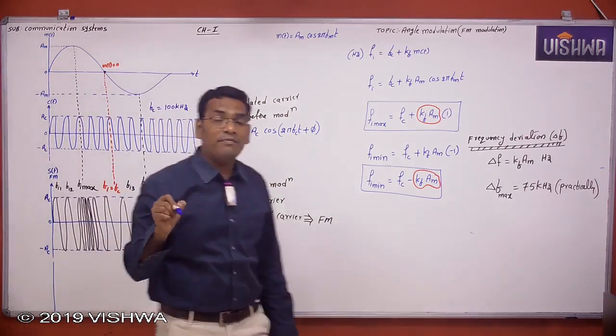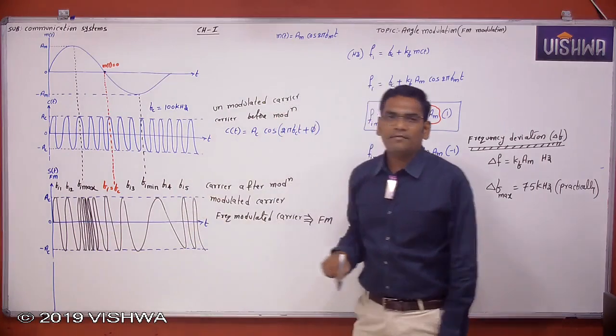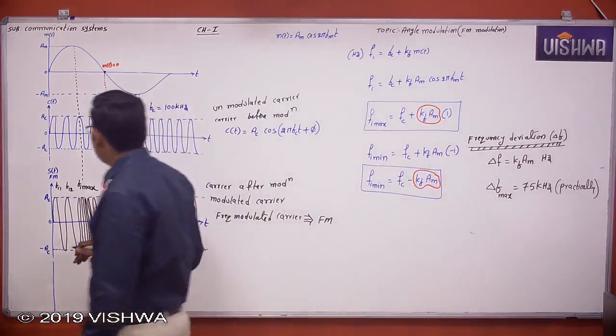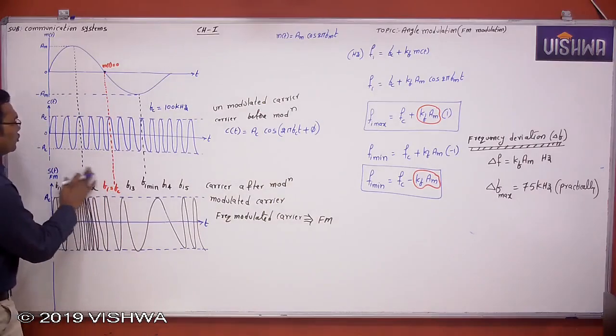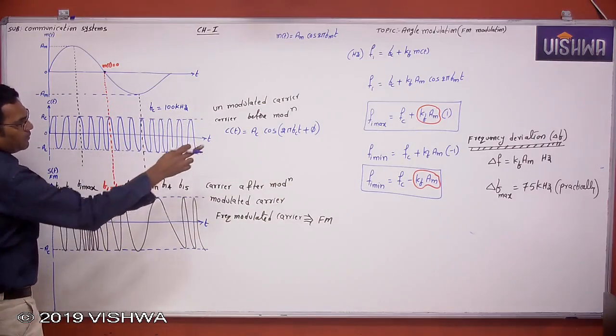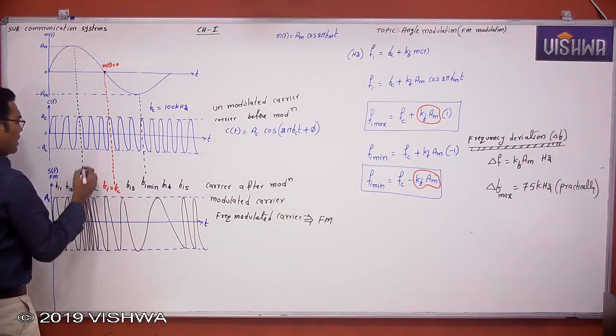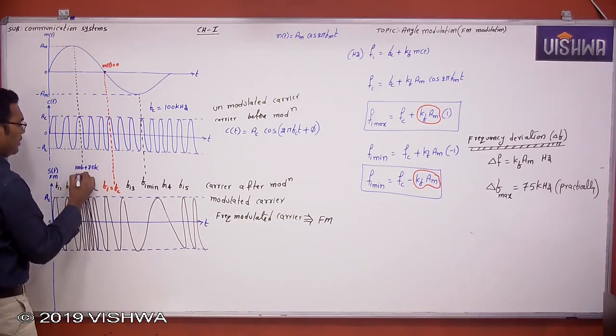The frequency of the carrier after FM modulation is not 100 kHz, it is changed. The maximum is Fc plus delta F, so 100 plus 75 kHz, which is 175 kHz.